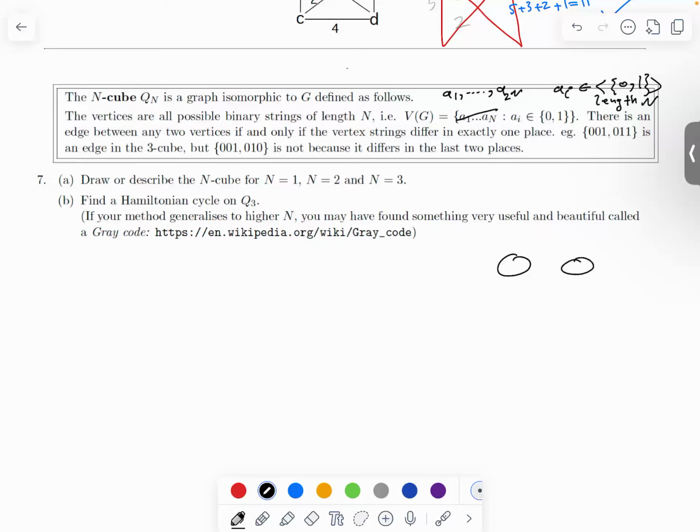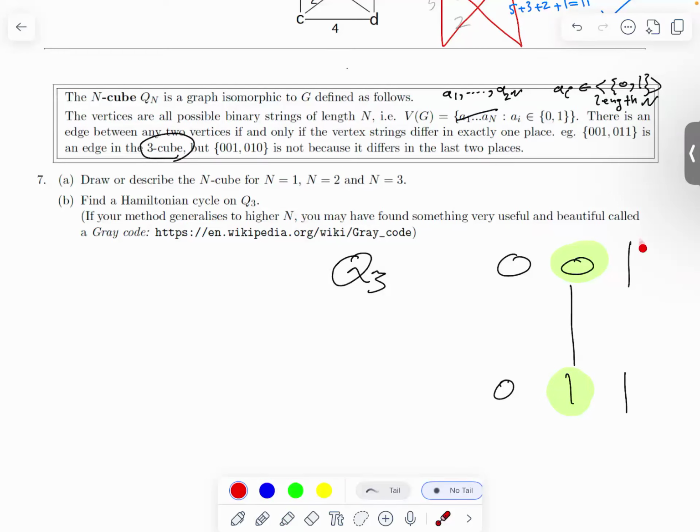So you see 0, 0, 1 in Q3, the 3-cube, because the binary has length 3. This will be connected to this vertex 0, 1, 1 because the only difference is the middle place. The rest has to be the same.